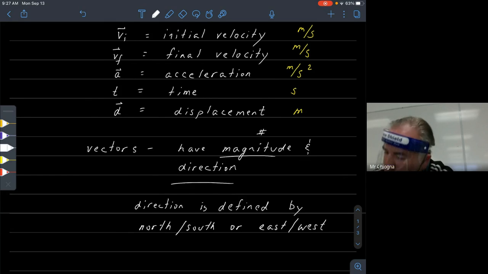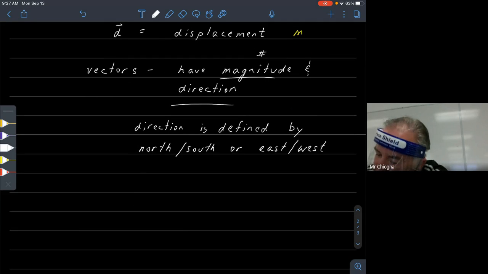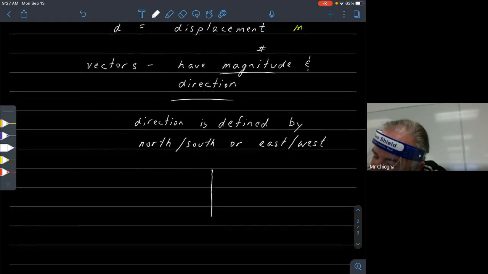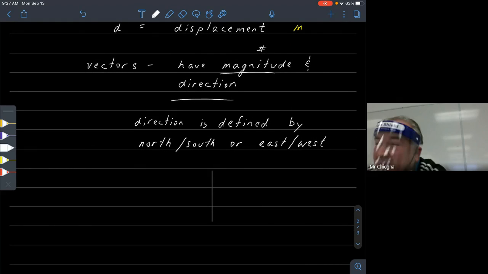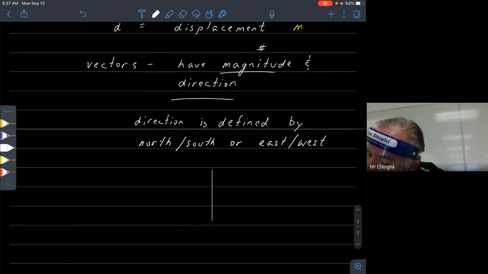Just to remind you what the actual directions are on a piece of paper. When we're referring to north, south, we're referring to it not as we see it in the real world, but on a piece of paper. Obviously, up is north, down is south. To the right is east, to the left is west.